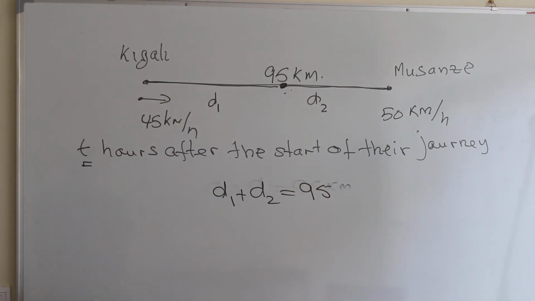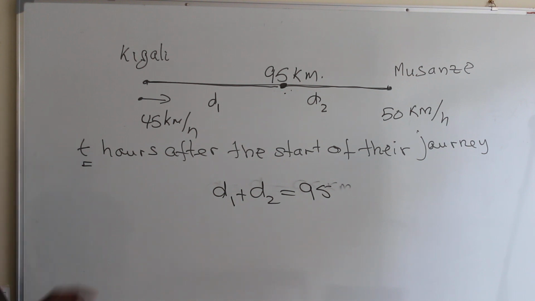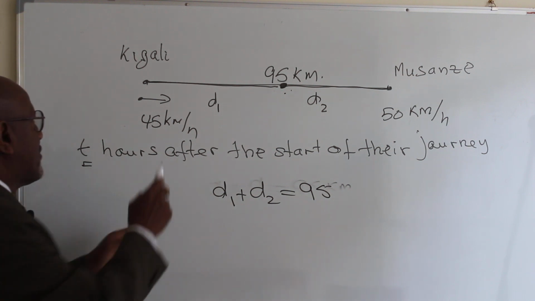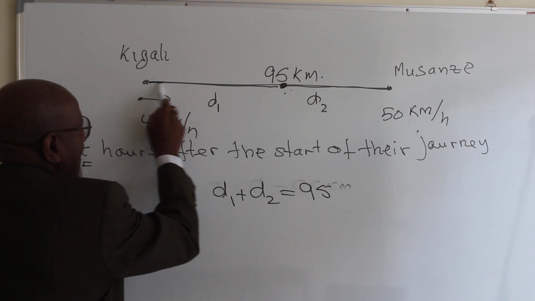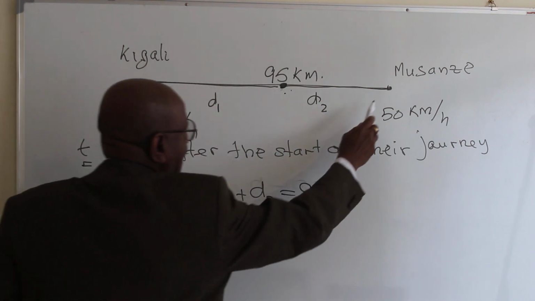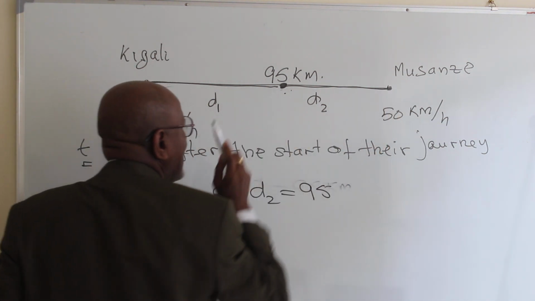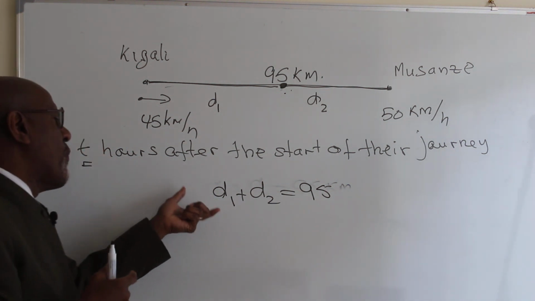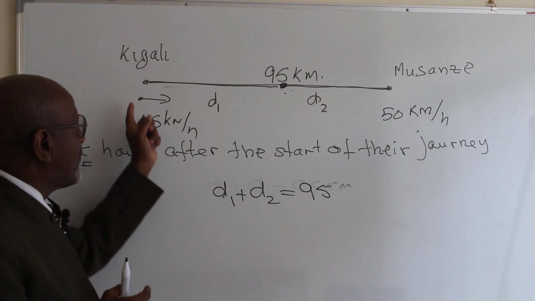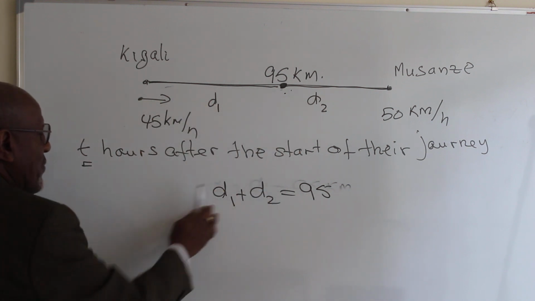That helps us a lot, because D1 is the distance traveled by the car from Kigali, and the distance traveled by the car from Musanze would be D2. When they meet, they would have traveled together the total distance. But what is D1?